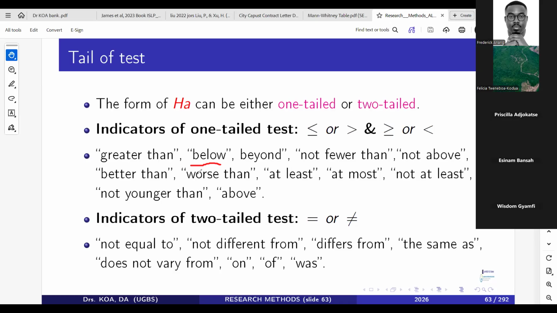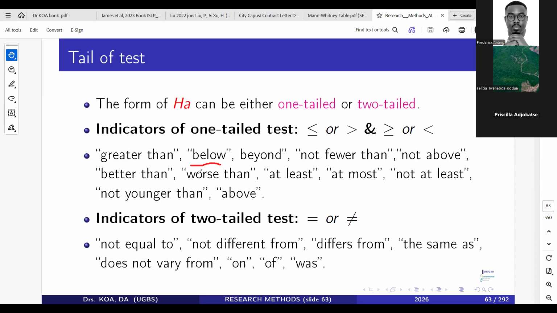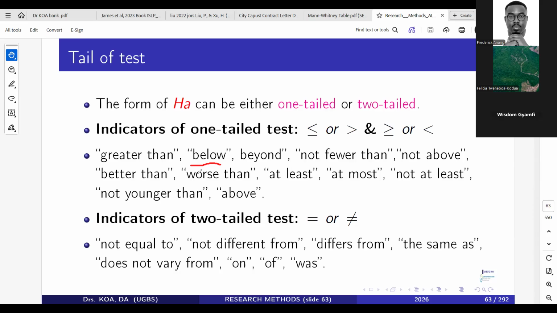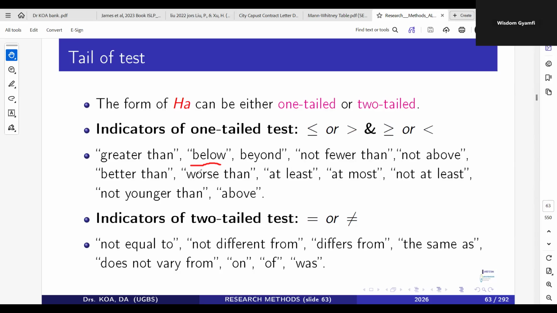Now, when the person says not fewer than, what symbol is that? Be careful here. This is tricky. Frederick. Is it greater than or equal to? It is greater than or equal to. Correct. When the person says not above, what symbol is that? Wisdom.